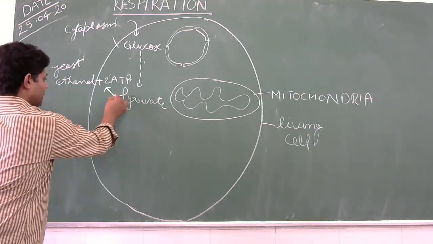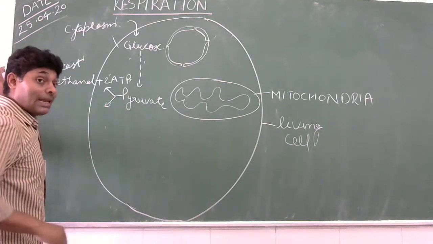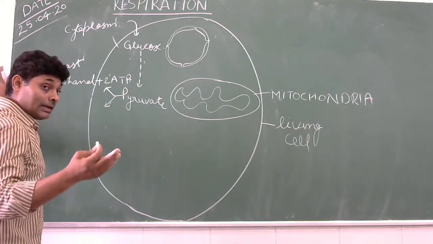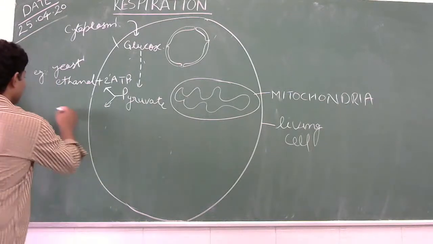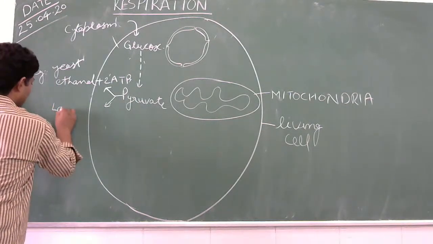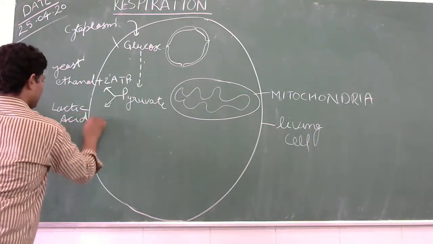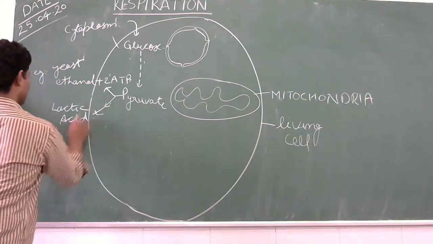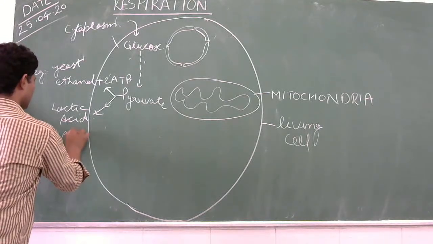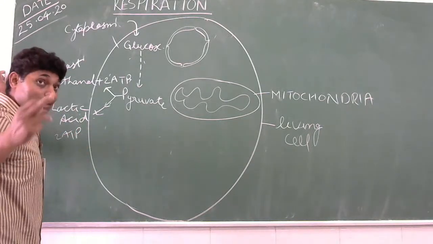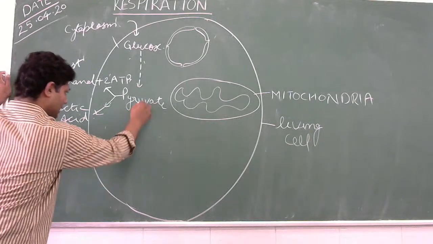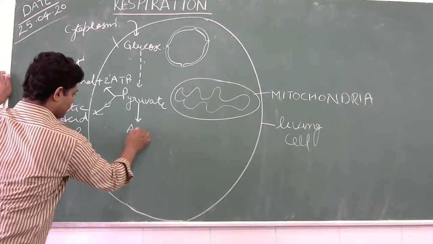Next, in the absence of oxygen in human muscles, it makes lactic acid and approximately 2 ATP.